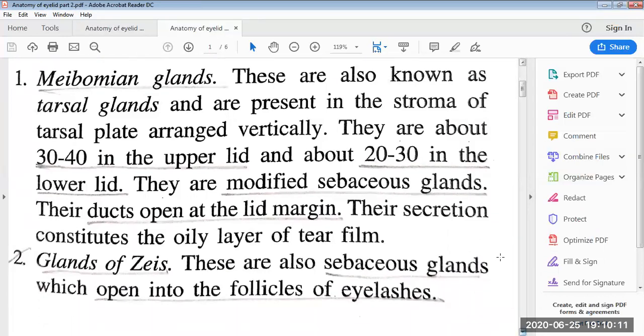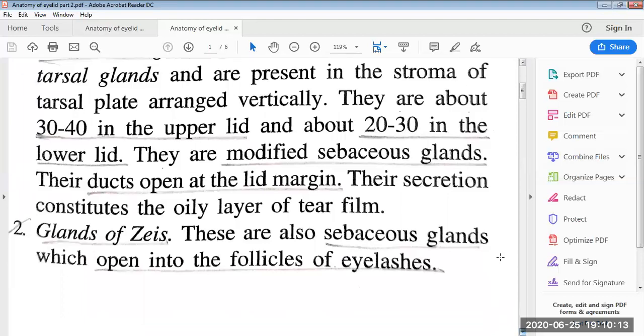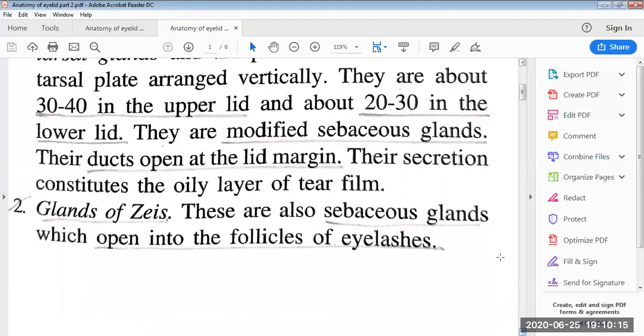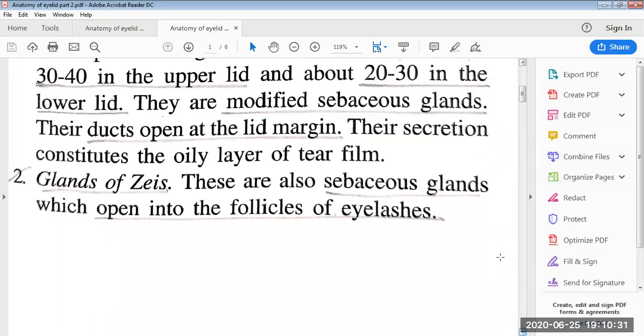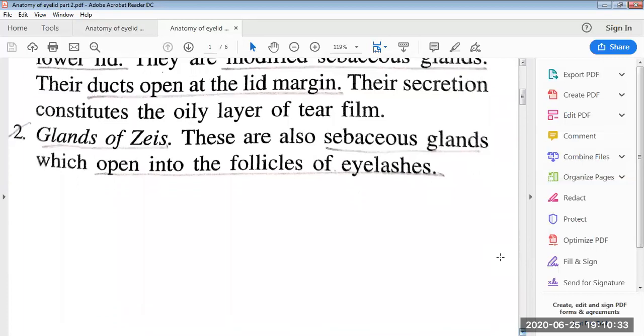Then the second gland of the eyelid is the glands of Zeis. They are also sebaceous glands, but their site of opening is different. As the meibomian gland opens into the lid margin, these open into the follicles of the eyelashes.